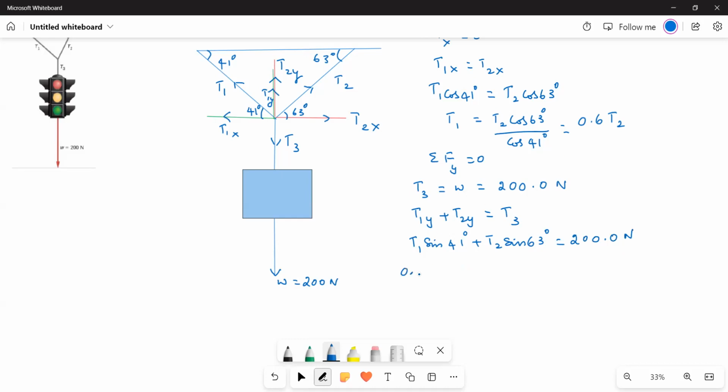I will write that also here. So from this I will take out T2. This becomes 0.6 sine 41 plus sine 63 is equal to 200.